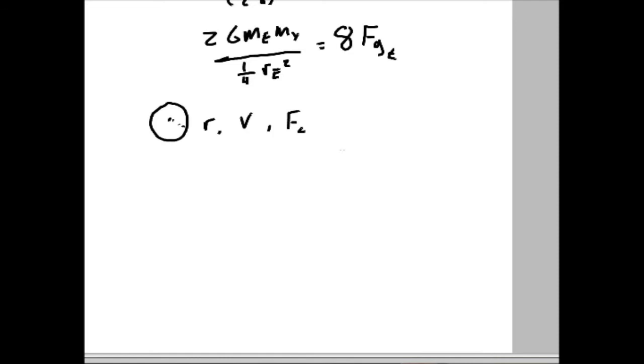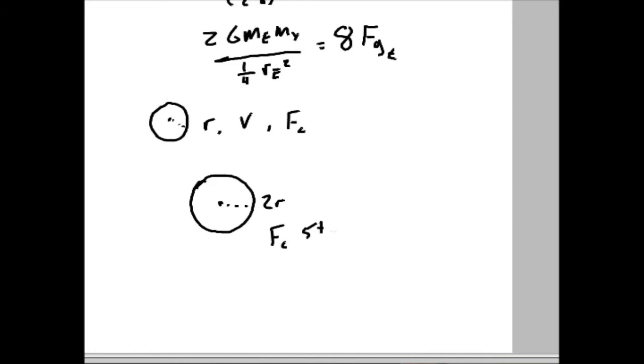Now let's say that I move the object out so that I am now at a new position that is twice as far. So now I'm at a position 2r, but my F_c stayed the same.